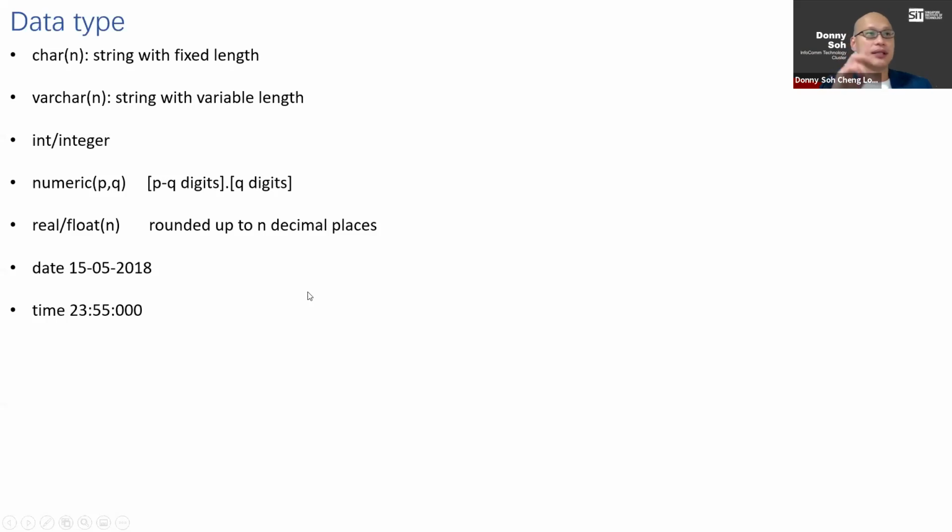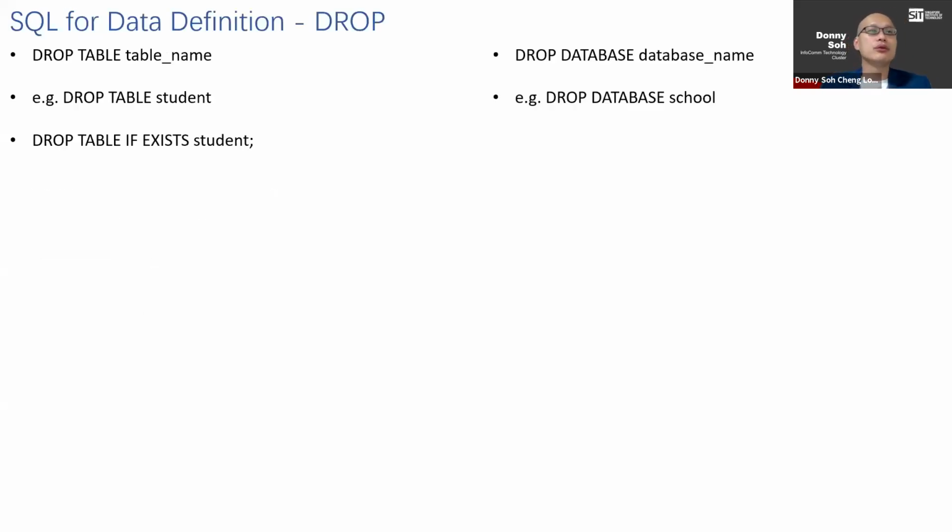There are various data types that you can have: character, variable character, integer, numeric. So I can just read through this. And now we go to the drop. So with drop, you can drop a table or drop a database.